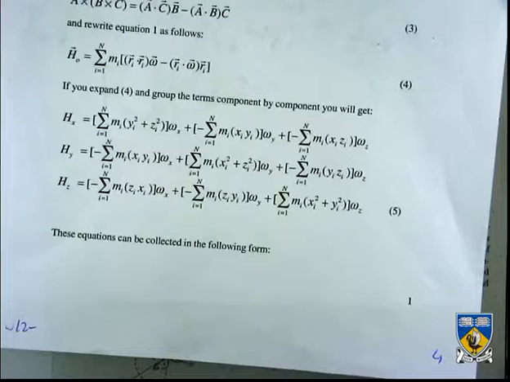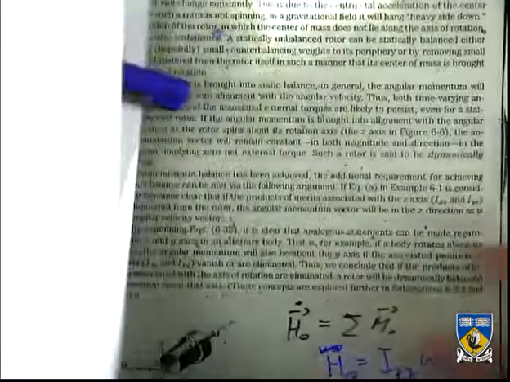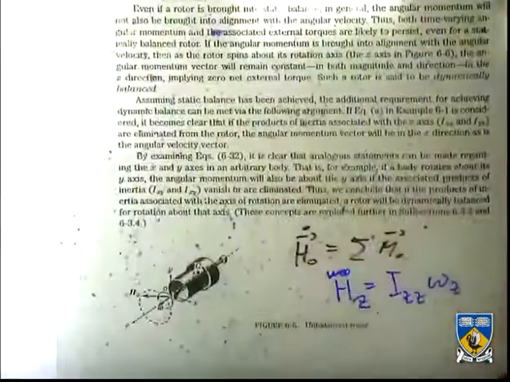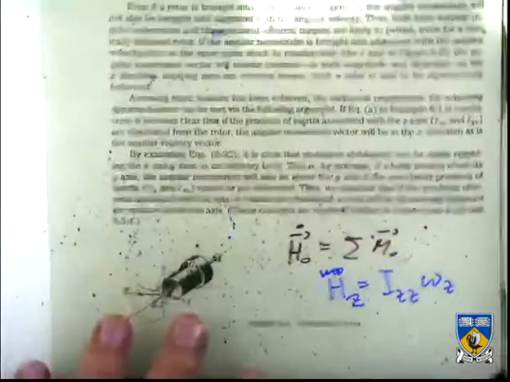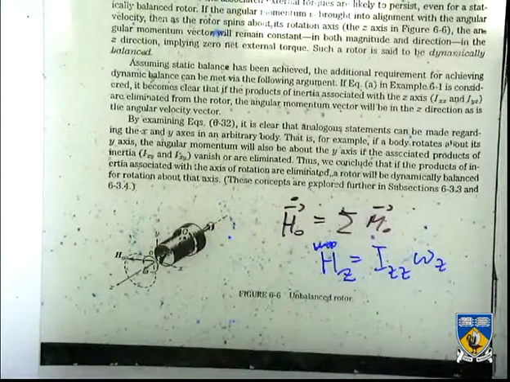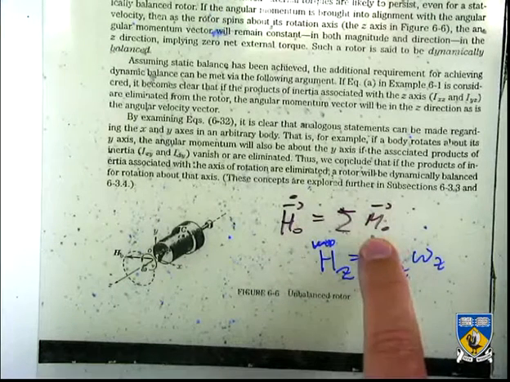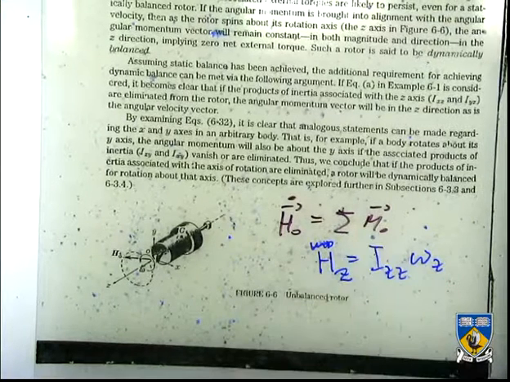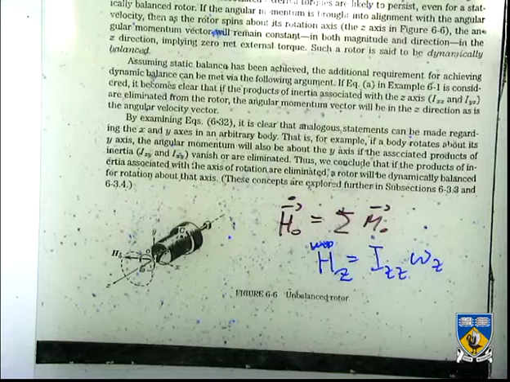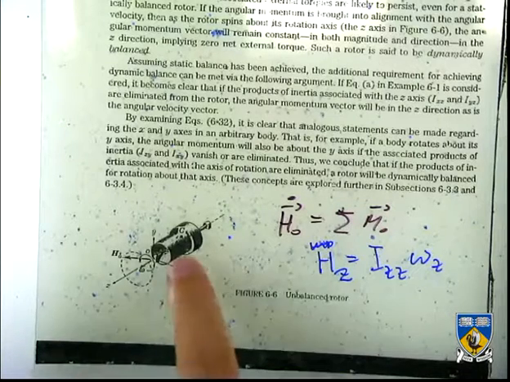So, of course, we need to think maybe one more time, a little bit carefully, about what these moments are. These moments here are real moments acting on the system, which means it's a couple of forces with which the supports are acting on the rotor.